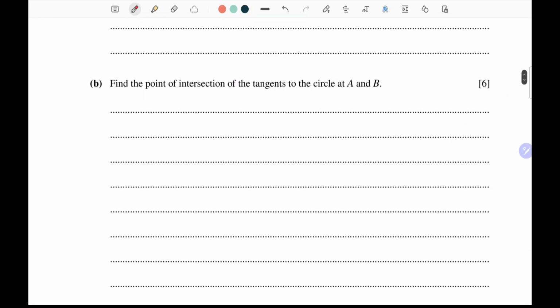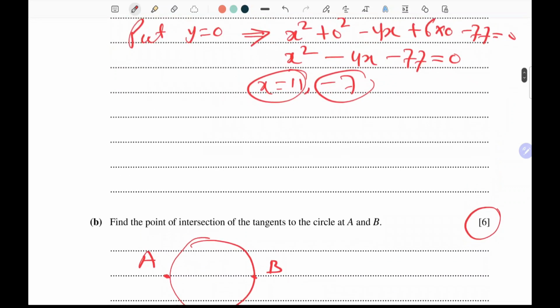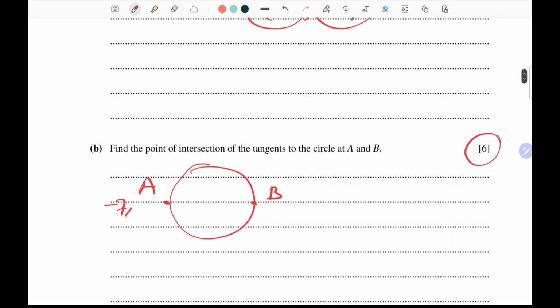Okay, now next, find the point of intersection of tangents to the circle at A and B. Yeah, it is for 6 marks and it is a good question, no doubt in that. So suppose this is A and B, right? What were the coordinates, guys? Minus 7 comma 0 and 11 comma 0.